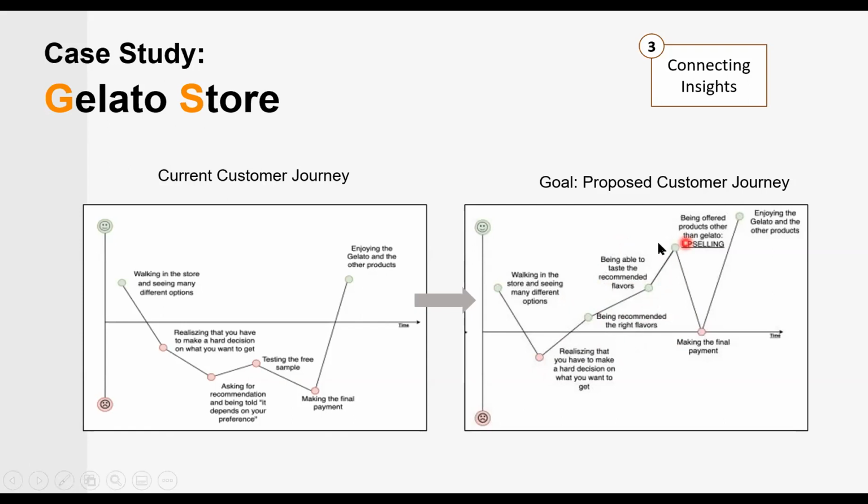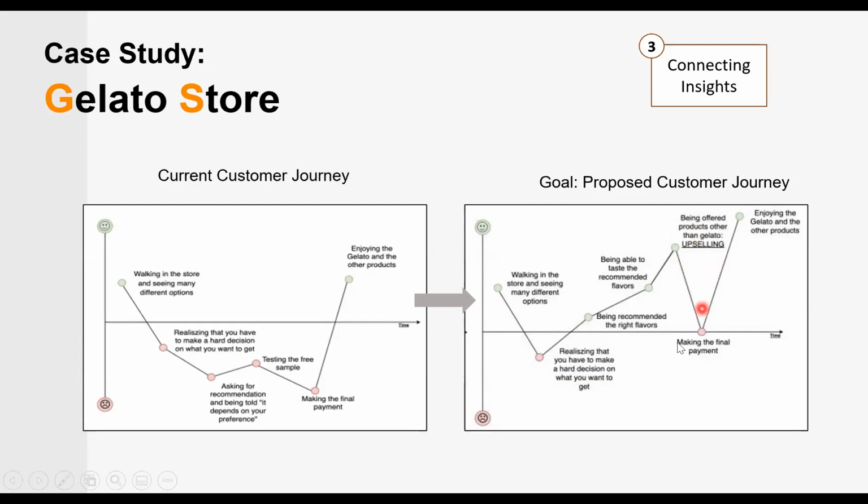And the next stage that we can do is that the servers can propose, you know what goes well with that flavor? This product. You can combine that with, let's say, the waffles. We have really good waffles. When you're being presented with that kind of recommendation, of course you're going to take it, right? Especially if you hear that this gelato store is very, very good.